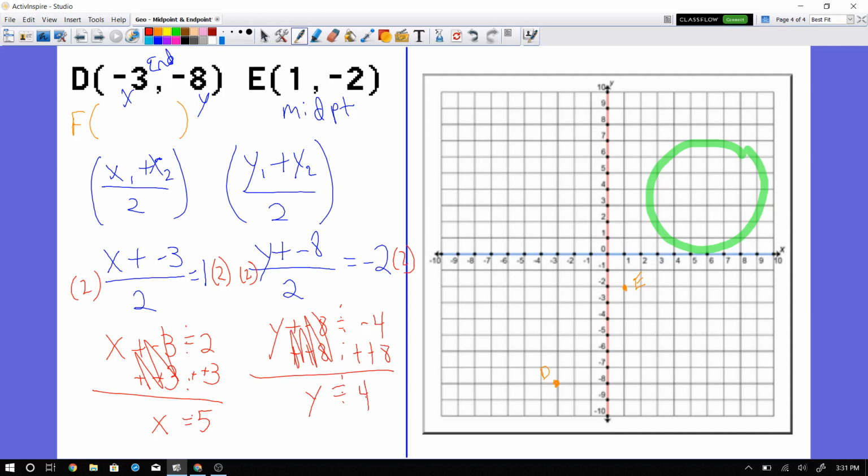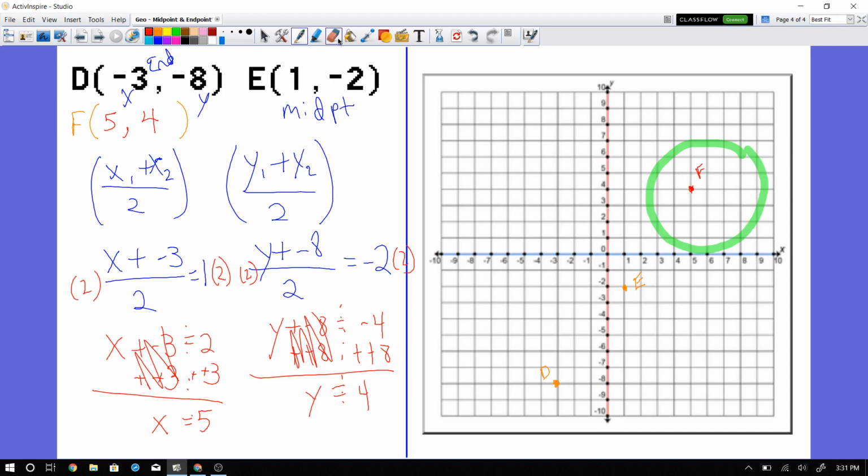All right. So apparently all the work we just did was saying that F is x value of 5, y value of 4. Let's see if it fits in the area that we guessed it would be in. Over 5, up 4. Cool. It fits.